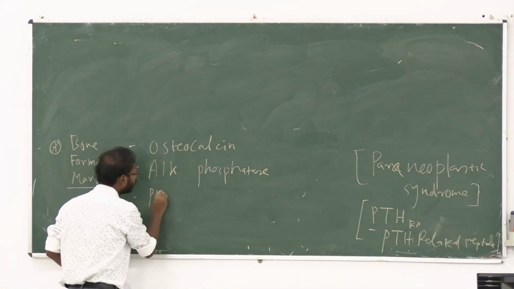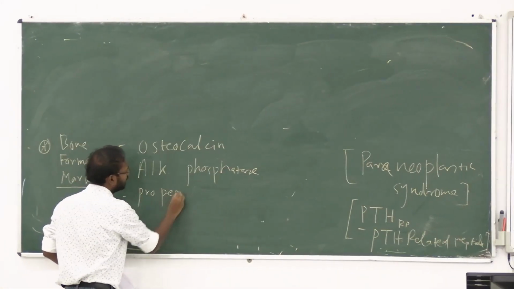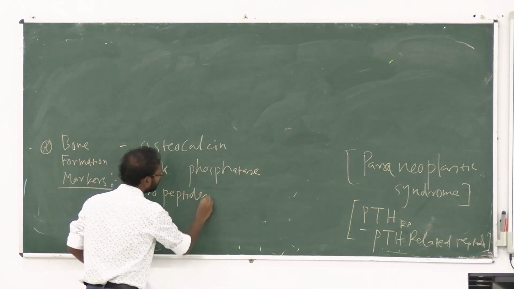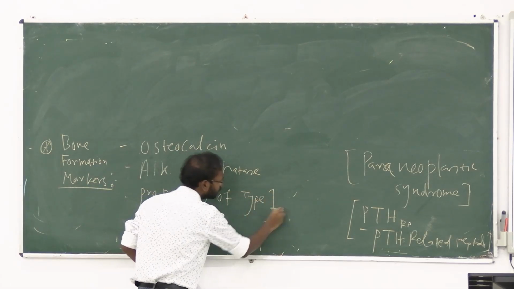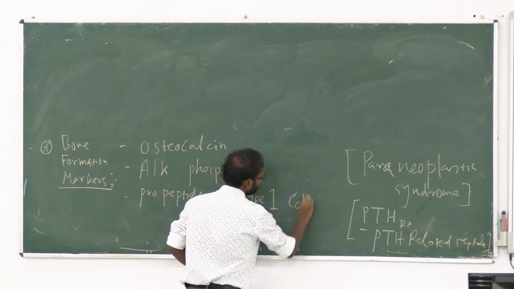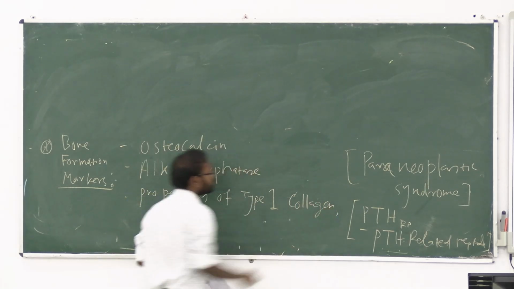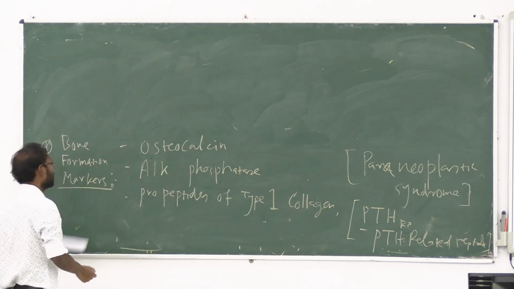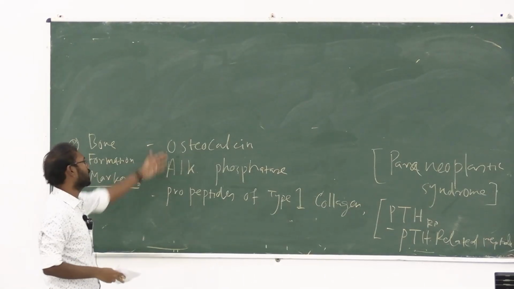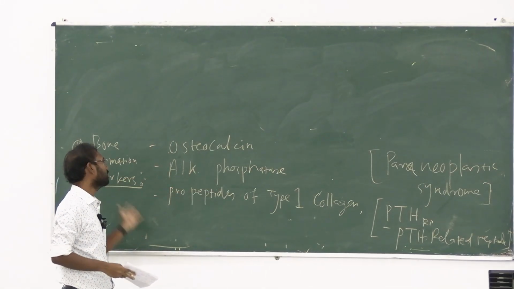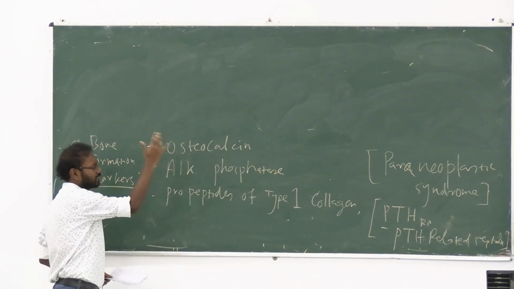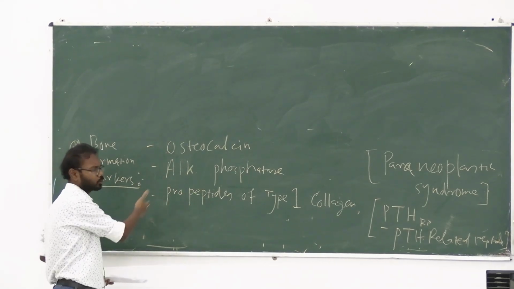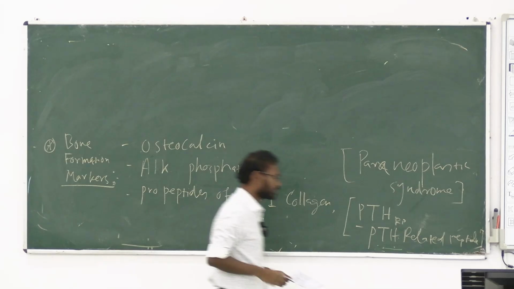Write propeptides of type 1 collagen. So what are the 3 bone formation markers? Osteocalcin, alkaline phosphatase, and propeptides of type 1 collagen. Nothing to understand, just write this down. If the question comes, you should answer. Mark it up and go to exam.